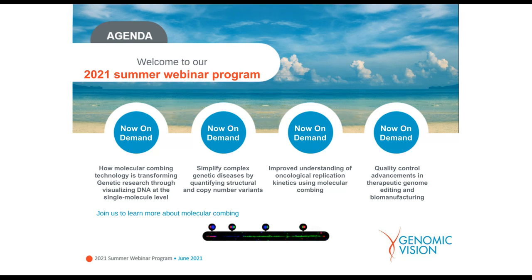Okay, so AAV is adeno-associated viruses. We do not have experience with AAV itself, but the AAV is usually between 4 and 4.7 kb, so it's really in our range of resolution. We can design a set of probes that is specific to the AAV, and we can of course monitor if this AAV integrates at a particular locus.